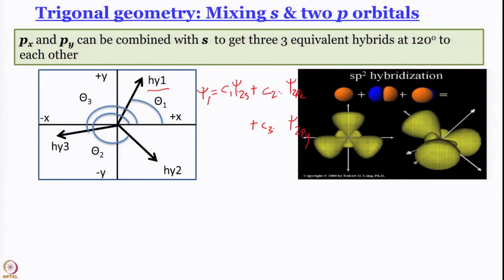C1 is fine, instead of C2 I can write C2 dashed multiplied by cos theta 1 psi px, and this will be not C3, C3 is going to be the same C2 dashed sin theta 1 psi py.